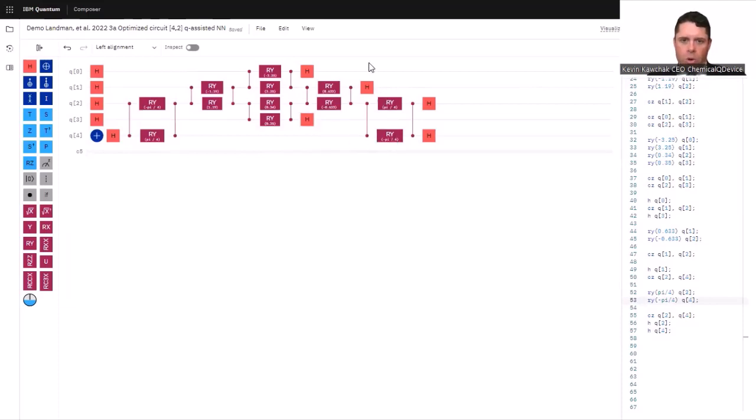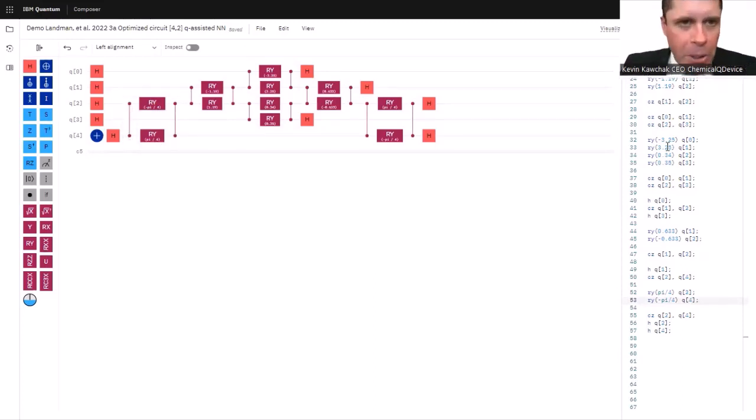Okay, so RYs, H, and then these two RYs are 0.6 and negative, H, CZ, H, CZs, negative, positive, positive, negative, and then some CZs, and then negative, positive, negative pi plus, H.